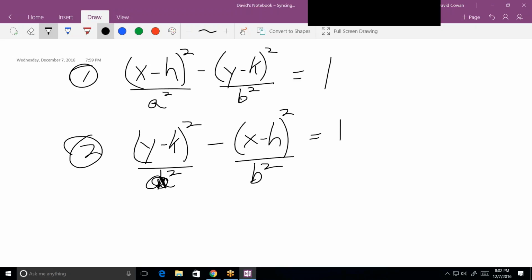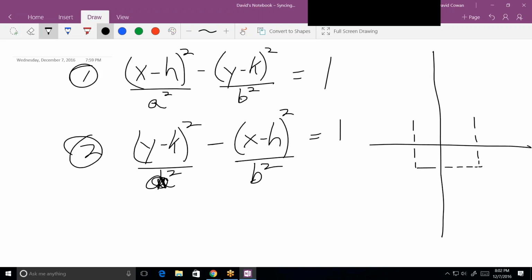So here's how you construct a hyperbola. Let's say you know it's a horizontal hyperbola. In other words, we're going to graph the first one. The way you construct it is you draw an imaginary box. This is actually a rectangle, and it can be wider than high, or it can be higher than wide.